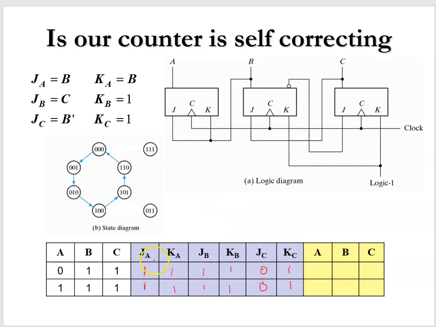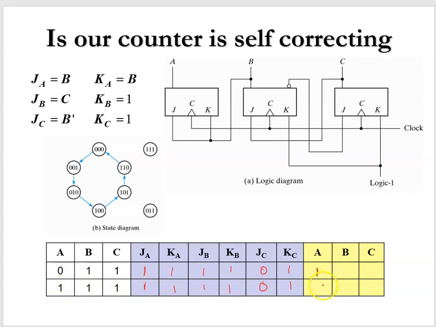So now if we look at our JK in this top row, when we're in present state 3, JA and KA are both going to be 1. That's going to be a toggle. A was a 0, so our next state will be a 1. Down here it was a 1, it's still required to toggle.